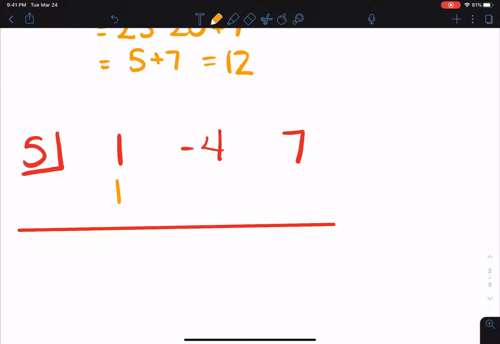So what we do with this one, we drop it low, and then we're going to have 1 down here. 1 times 5 is going to be 5. Negative 4 plus 5 is 1. And 5 times 1, we already said was 5. 7 plus 5 is 12.